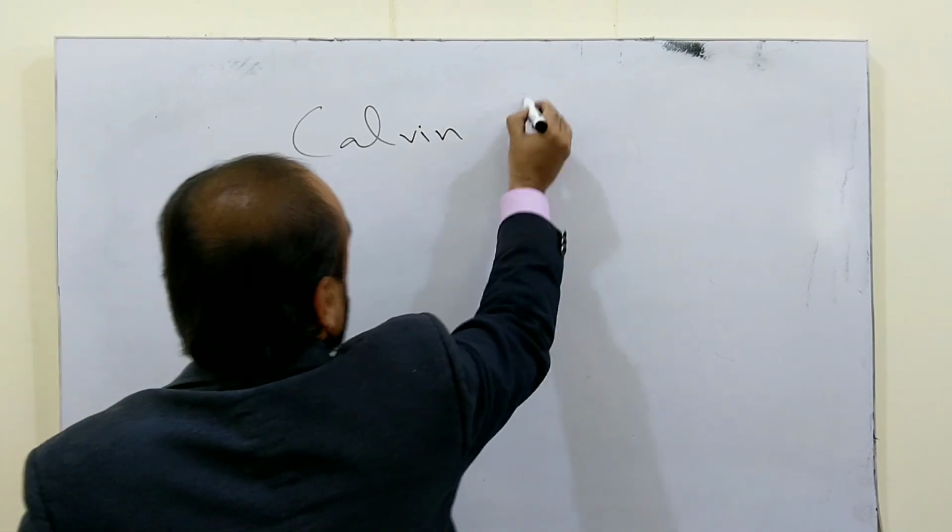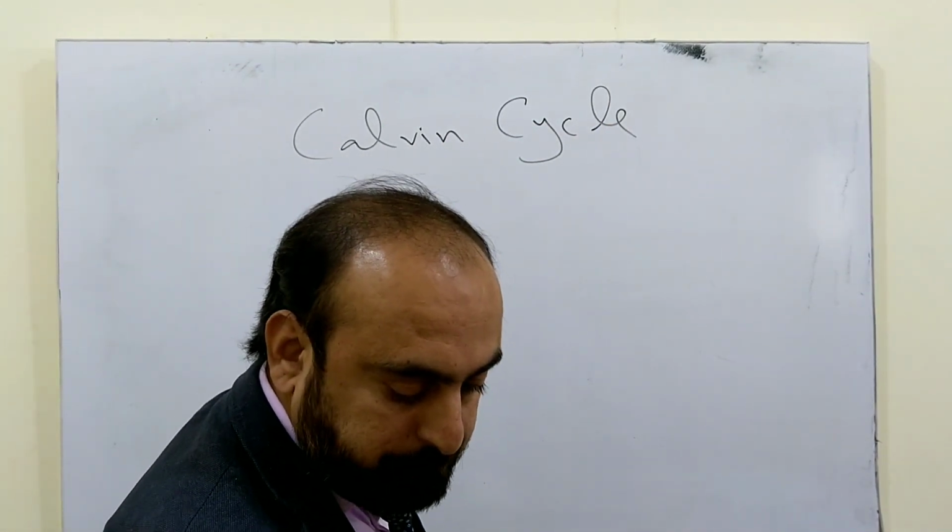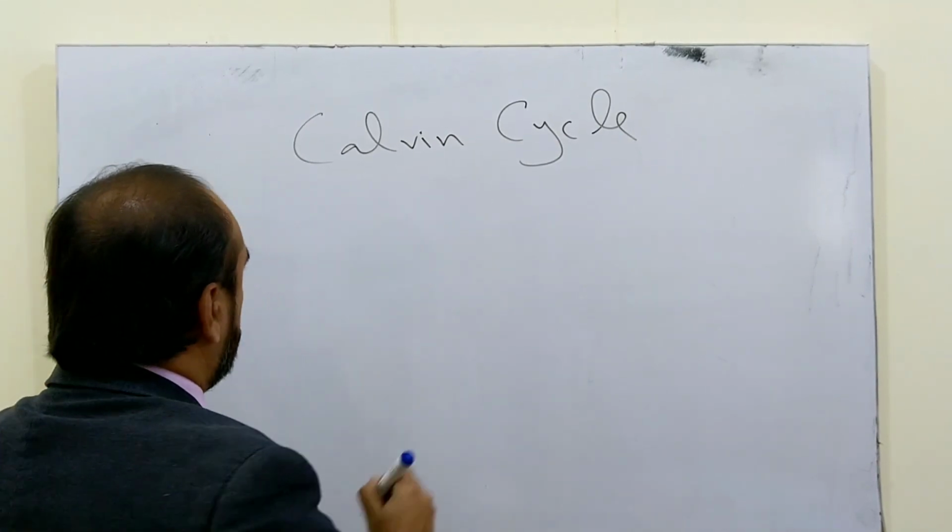Now we are going to discuss the Calvin cycle. The Calvin cycle has 3 steps.